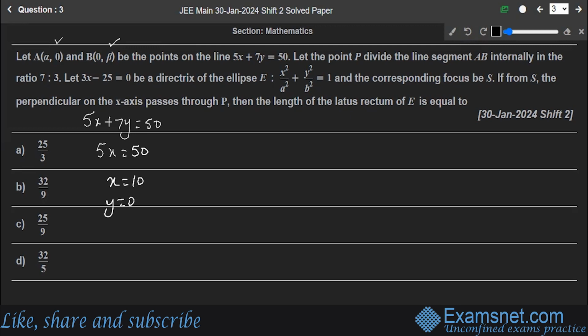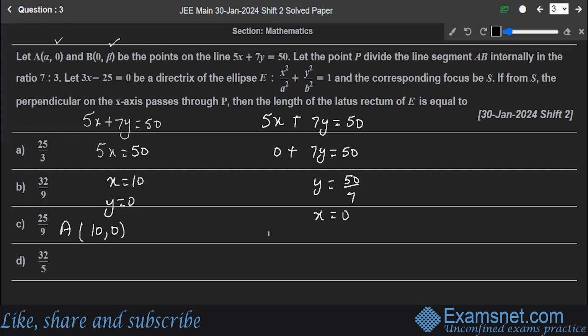So A is the point 10 comma 0. Now for the point B, you have x is equal to 0. So y will be equal to 50 upon 7. The point B will be 0 comma 50 by 7.